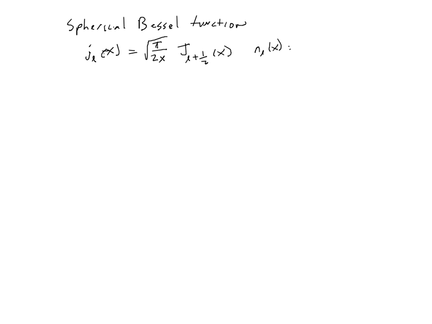And so we call a spherical Bessel function where you have something like j sub L of x is equal to square root of pi over 2x times J of L plus 1/2 of x, and n sub L of x is equal to square root of pi over 2x times Y of L plus 1/2 of x.